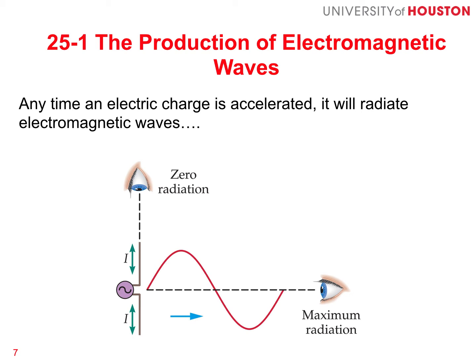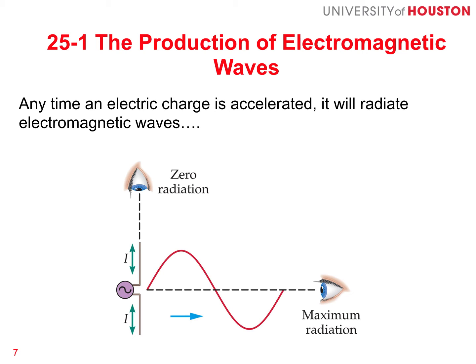For any oscillation to occur, there has to be an acceleration that continues to change the motion of the thing that is oscillating. It turns out that for any electric charge that is accelerated, there will be an electromagnetic wave.